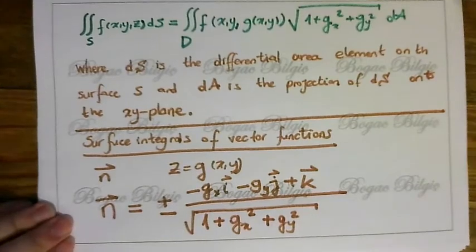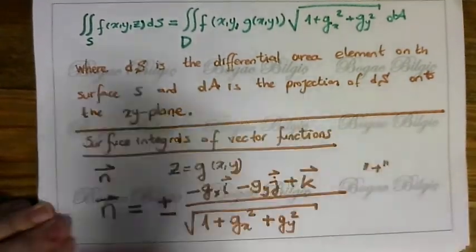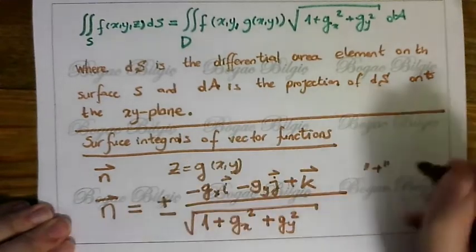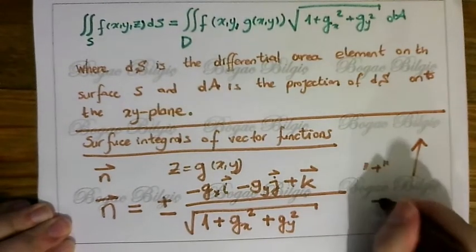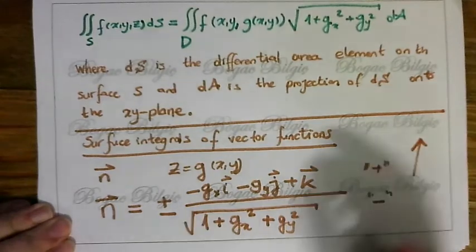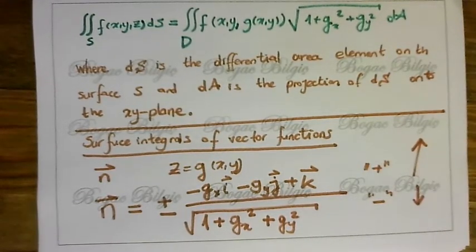The sign plus implies the upward unit normal vector. The sign minus implies the downward unit normal vector.